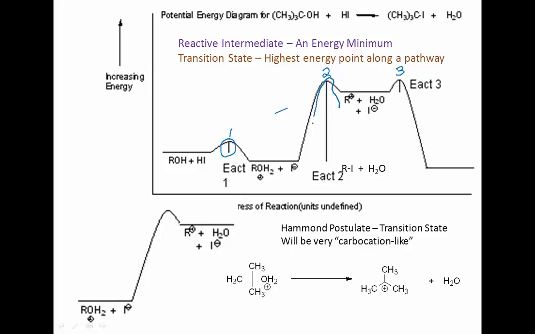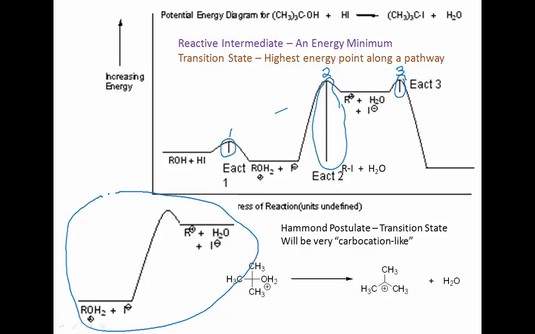And notice how the activation energy for step 2 is huge compared to the activation energies for step 1 and step 3. So we're going to have to look at step 2, and here's step 2 shown in greater detail down here. So here is step 2 blown up.